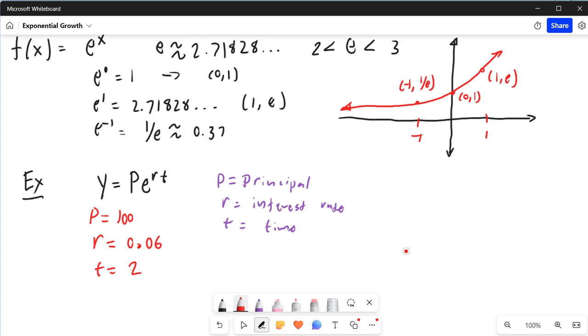Okay, well, if we want to find the value of this amount, we would set it up where we have y equals 100 e to the 0.06, but it's multiplied by 2.